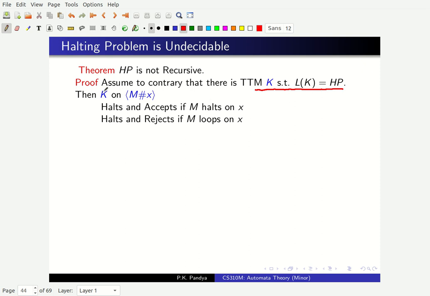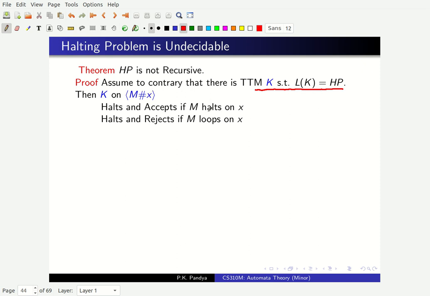It says that this Turing machine K, when given any pair MX, will halt and accept if M halts on X. When you start M on X, it will either halt and accept, halt and reject, or loop.